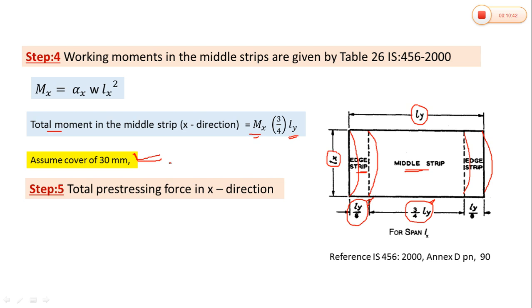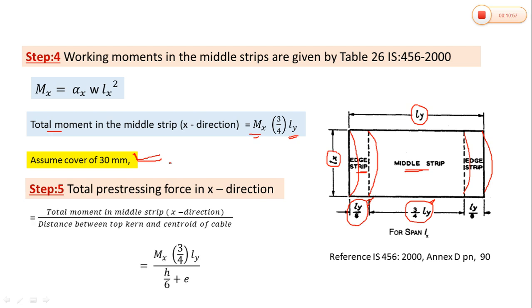If we take the cross section of the beam or the slab, we are going to consider the slab as a beam of unit width, that is 1 meter width. From the basic expression, M is equal to P into Z, where Z is the lever arm.